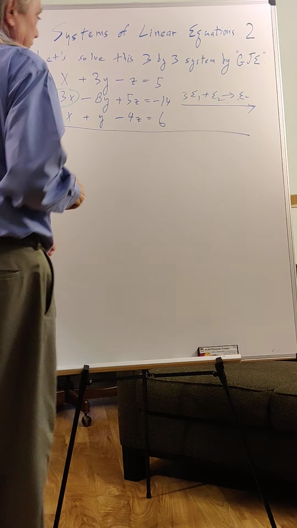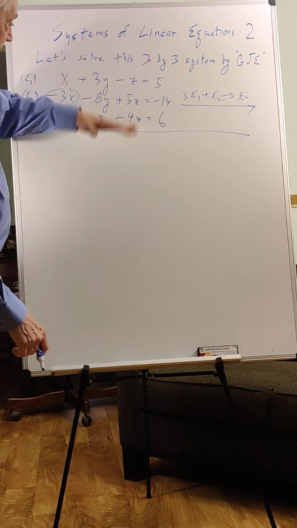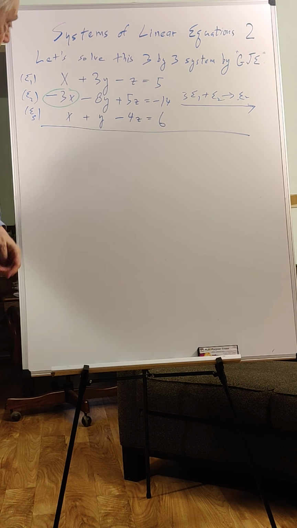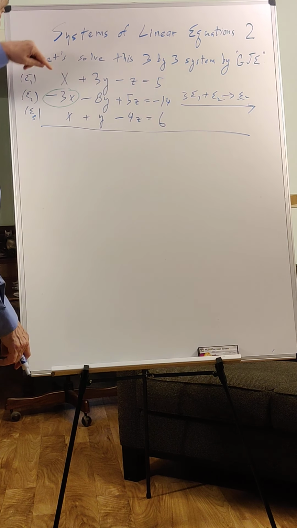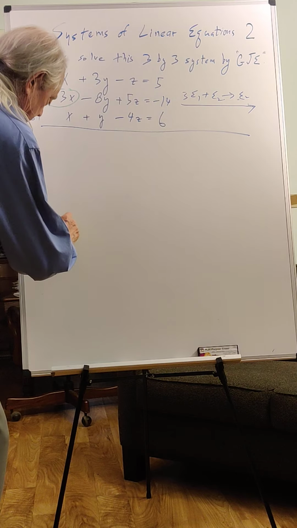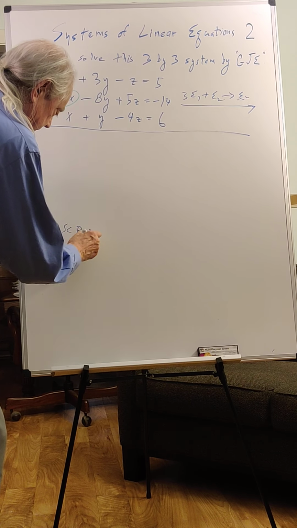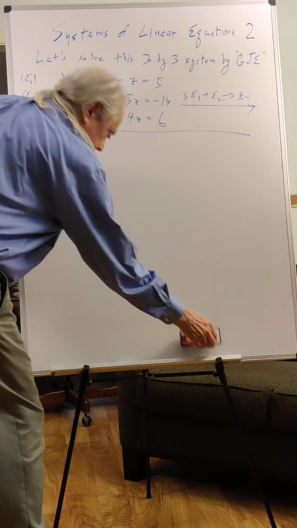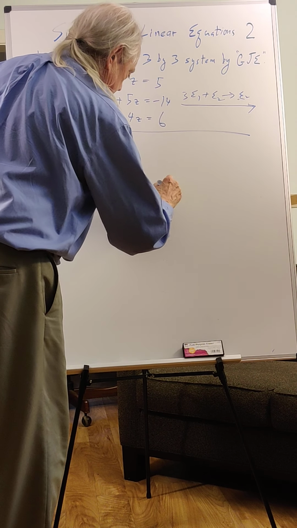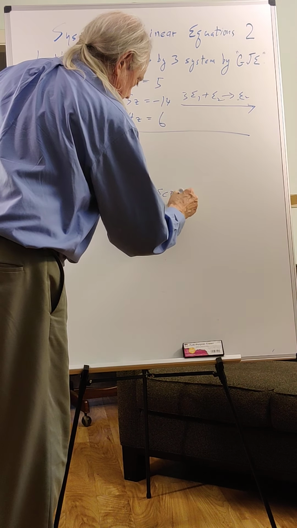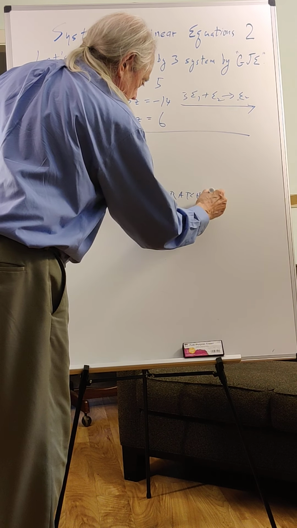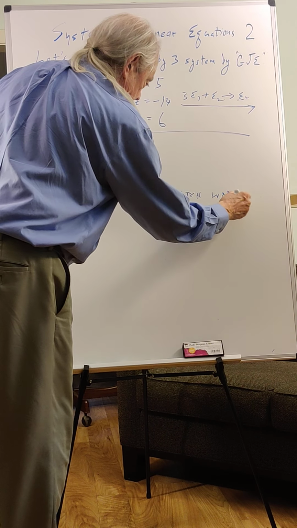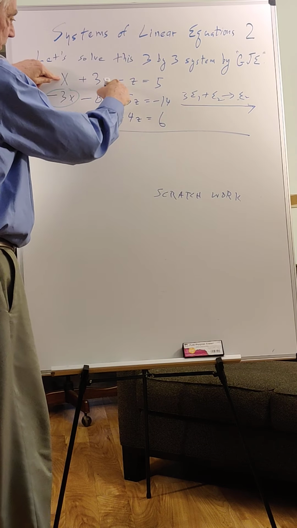This is going to be a challenging video for me because I have such limited board space here, but I'll do the best I can. All right, here's our scratch work. So let me move over a little bit. All right, we're going to triple each of these terms.